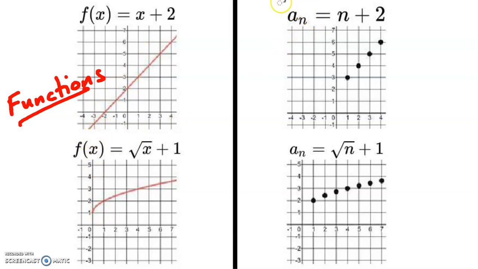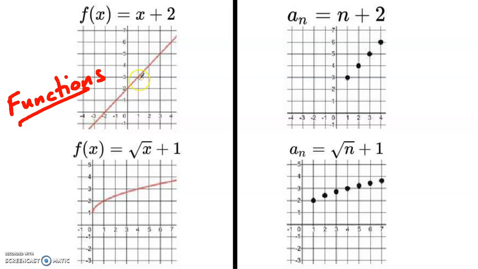Here are their analogous sequences. Here's the sequence a sub n is n plus 2. Notice that the graphs look similar, except that the only inputs are the positive integers.